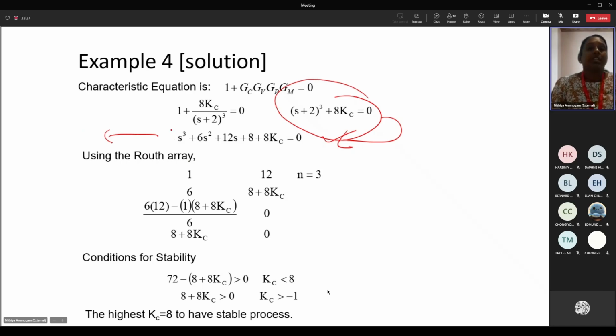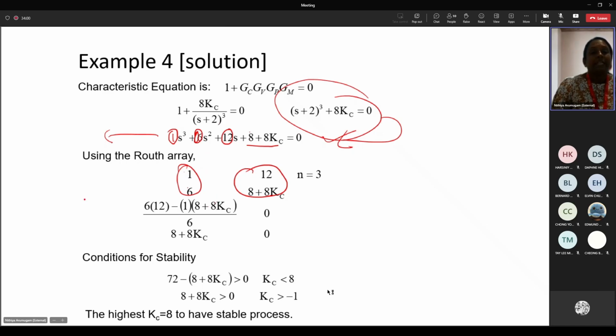From here, we extract the coefficients in front of all the S terms. So we have 1 and 6, 12 and 8 plus 8 Kc. So we extract these from the equation.